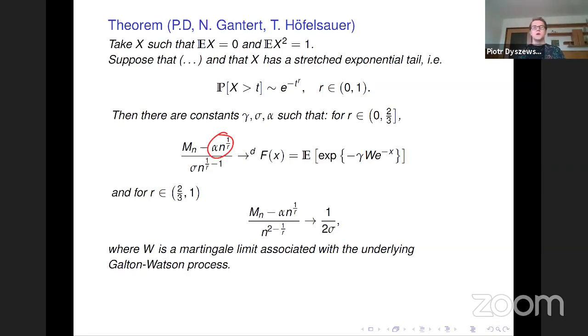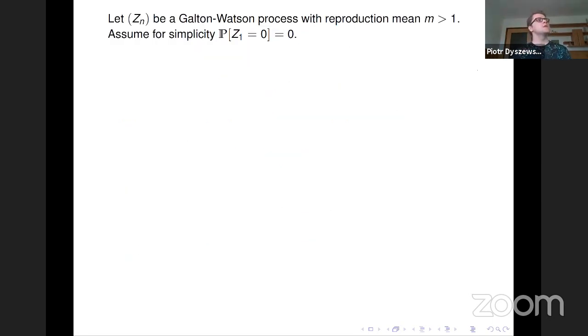All right, so let me just introduce the setting that Nina did give in order to be self-contained. So let Zn be the underlying Galton-Watson process. All right, so maybe I want to go back and say 2 things.